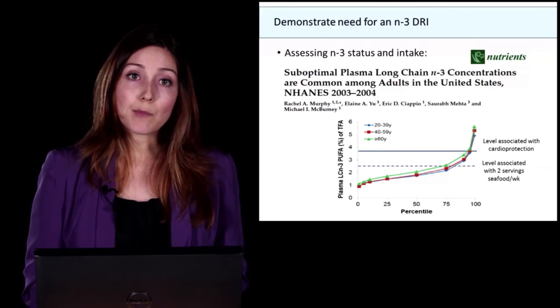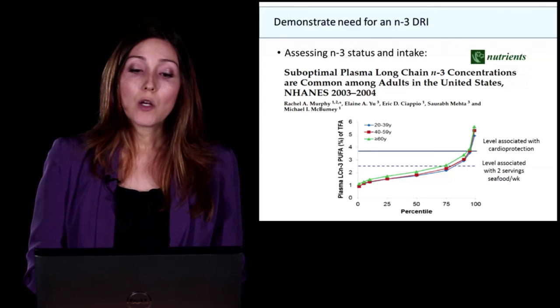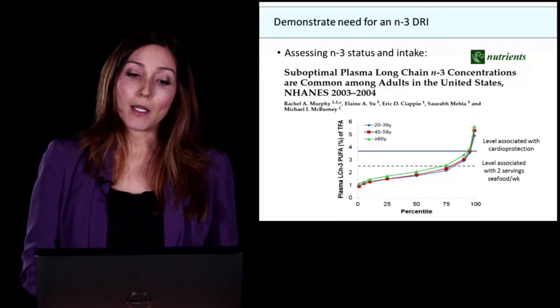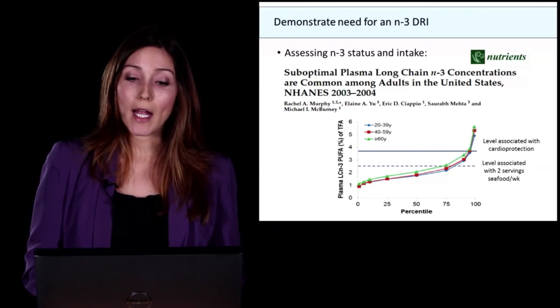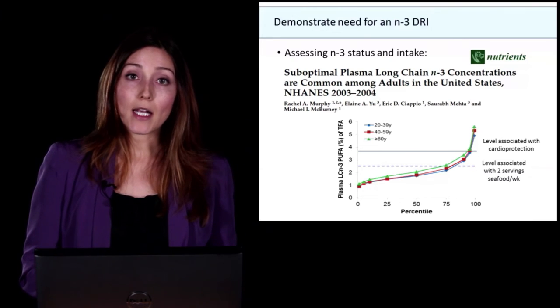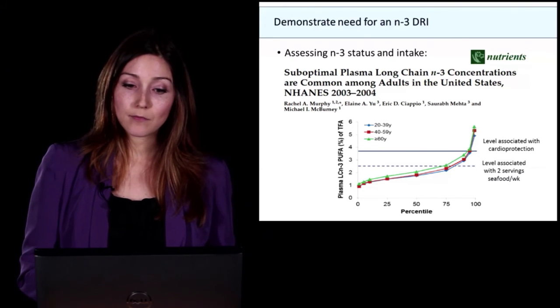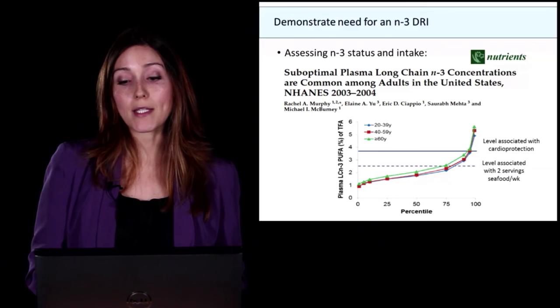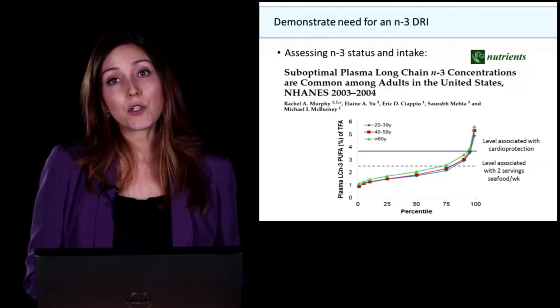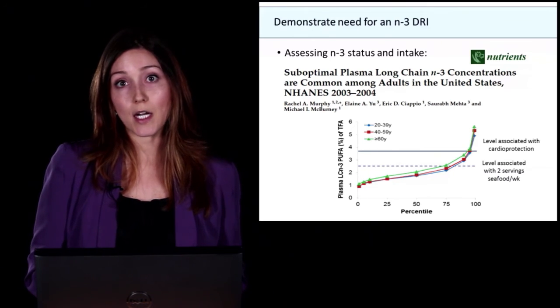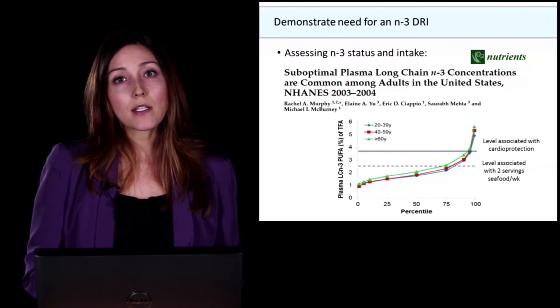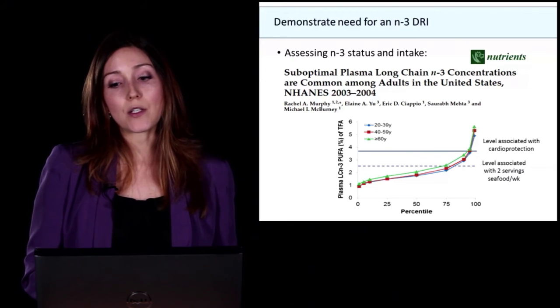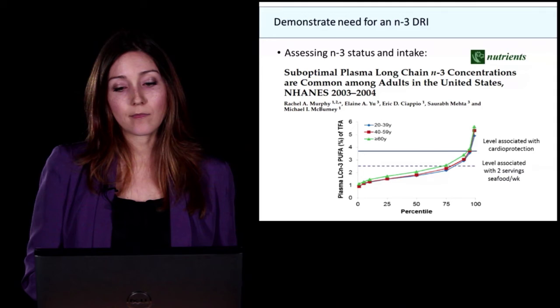On the y-axis is the plasma n-3 PUFAs, which is EPA, DHA, and DPA, relative to total fatty acids. And on the x-axis is the percentile. So the dashed line represents the level associated with 2 servings of seafood per week, which is the dietary guidelines. And the solid line represents the level that is associated with cardioprotection.